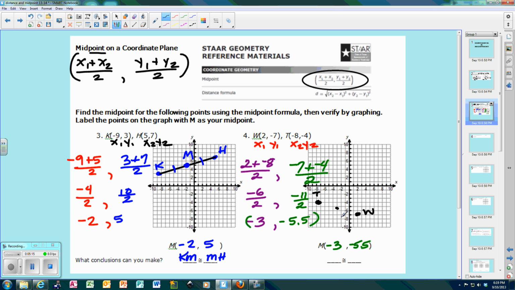So about right there would be the midpoint. And if I connect them through there, and I'll make that a red dot, so the midpoint should be about right there, then I know this piece is equal to this piece, so I can conclude that TM is congruent to MW.